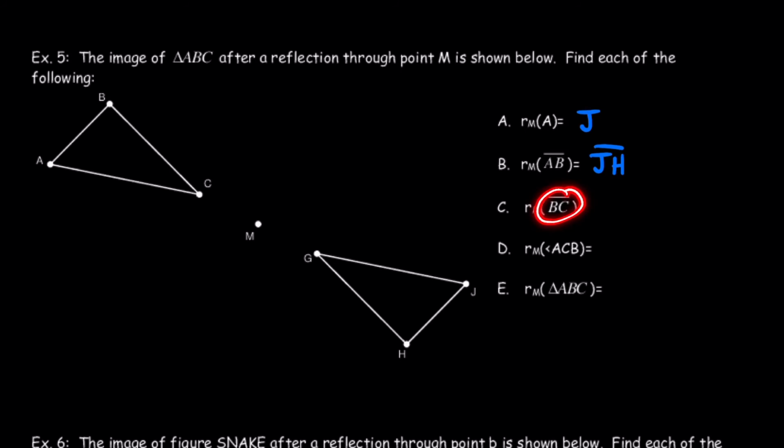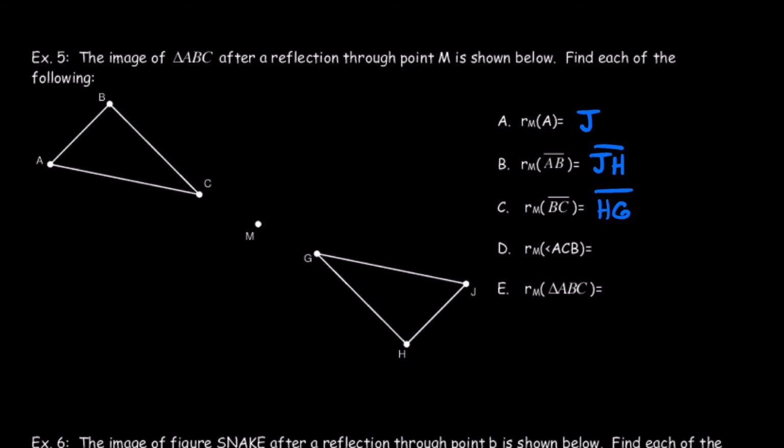Next, how about segment BC? B goes to H, so I'll start with that. And C, pretty obvious, goes to G, so that's HG.